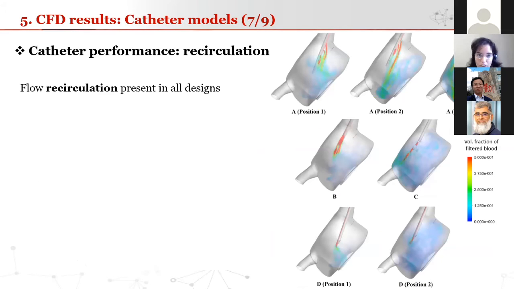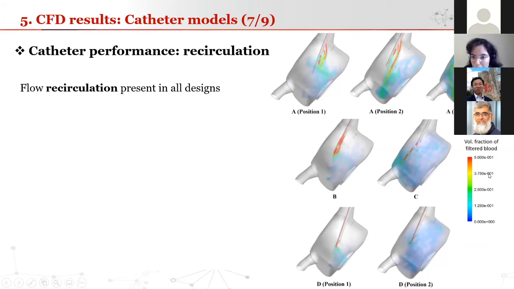Then we looked into the recirculation part of the catheters. This figure shows a time average representation of fractional filter, showing how different catheter designs and different placements give rise to different mixing structures within the right atrium.